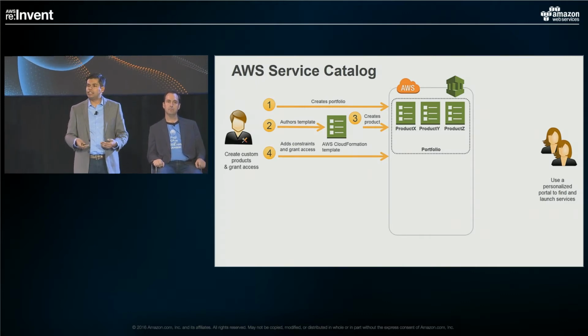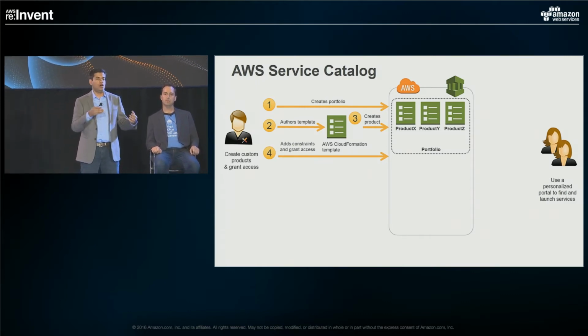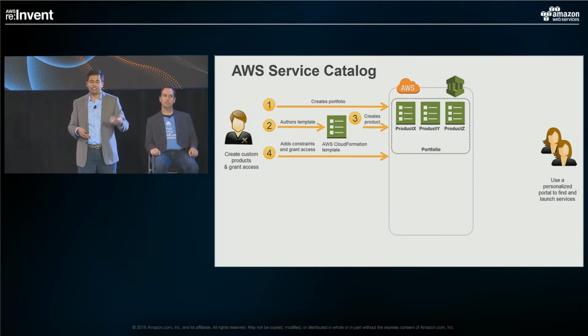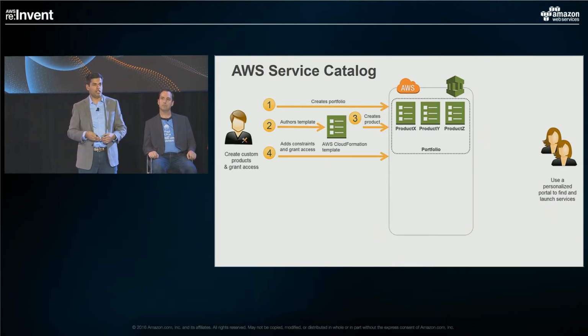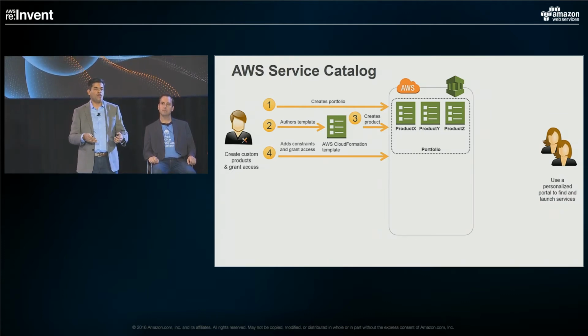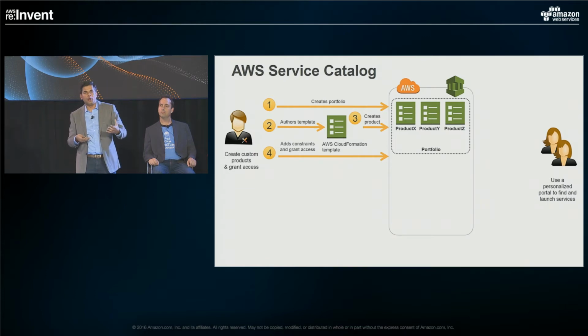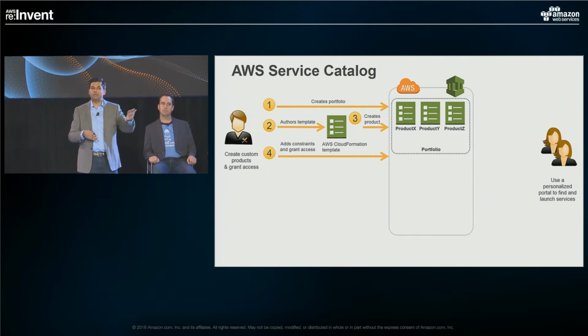Finally, Adam adds permissions and constraints on this catalog. So how many instances of a certain product, a LAMP stack, gets provisioned, he can control that. He also can specify an IAM role, the set of permissions that Service Catalog should be using to provision this product.